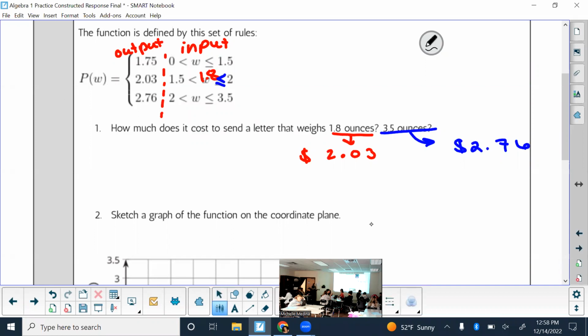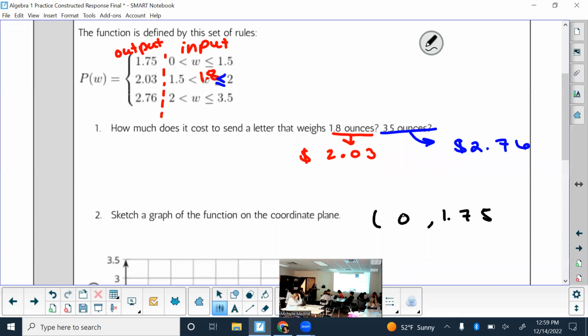Are we paying attention? Not exactly. For the very first part, my output is just one number, so that means my y is 1.75. And then my input starts at what number?